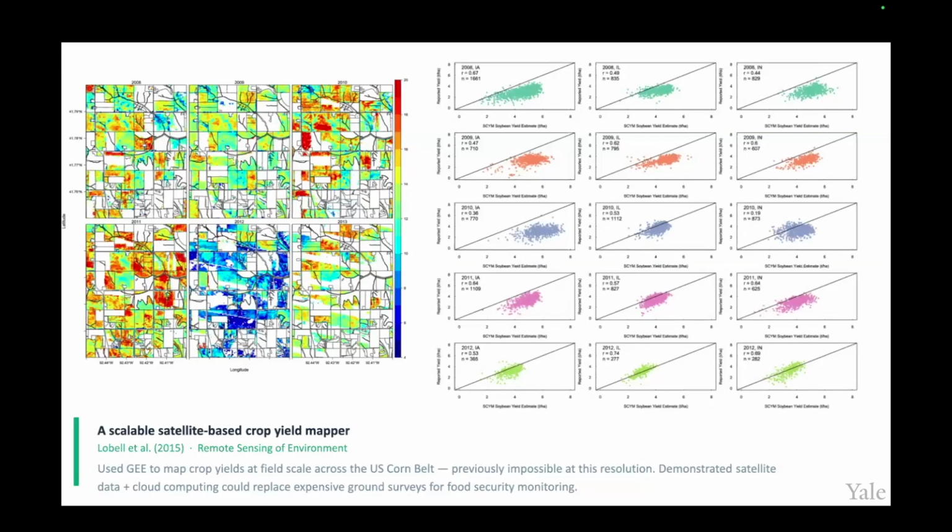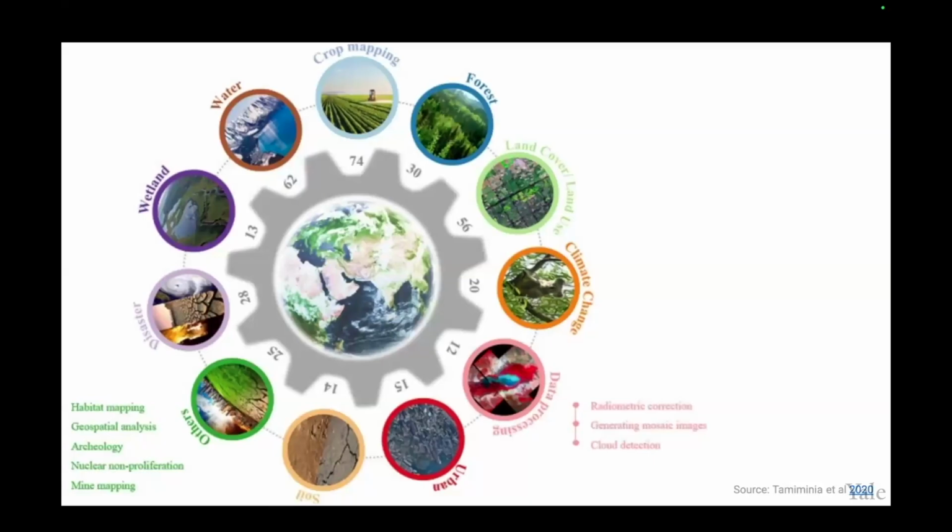Another example from the early uses of Earth Engine is scaling tropical mapping. They did it at a very high resolution. This was published in Remote Sensing of Environment 2015. So the domains and areas where it's utilized are really varied.